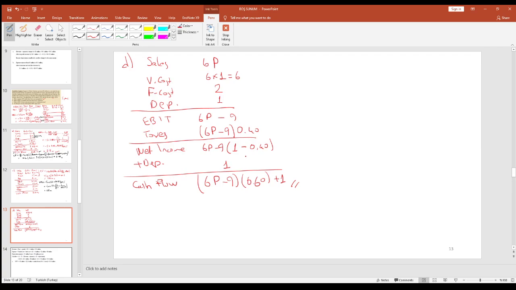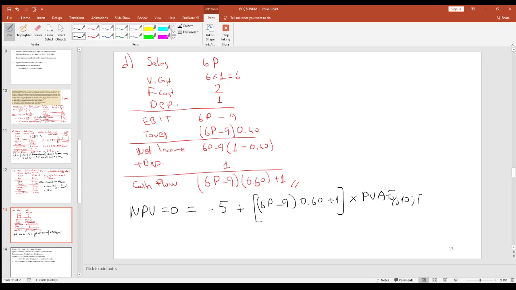Okay, so let's find this cash flow from our equation, or we don't need to do that. Let's directly solve the net present value. Net present value will be equal to 0 at the break-even point. So minus initial investment plus the cash flow, 6p minus 9 times 0.60 plus 1, times present value annuity factors at 10% for 5 years.